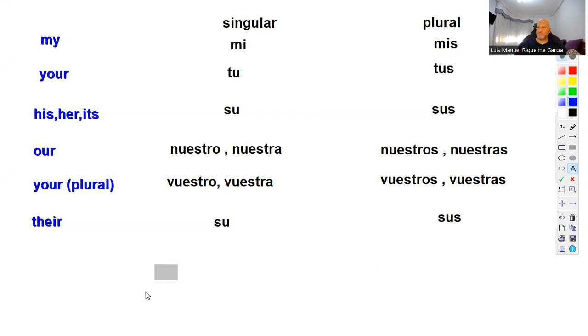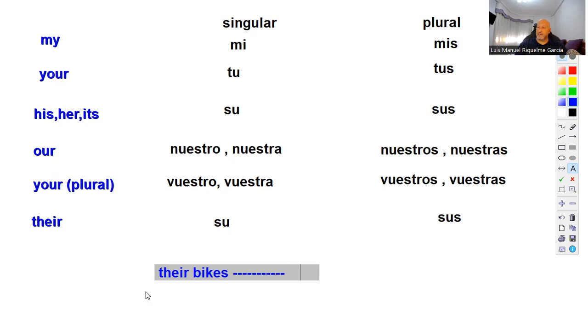One more. For example, let's go for their bikes. You're talking about your neighbors, or you are talking about someone that you know. A couple, for example, a man and a woman, and they have several bikes, their bikes.